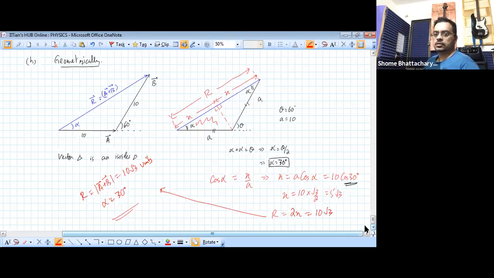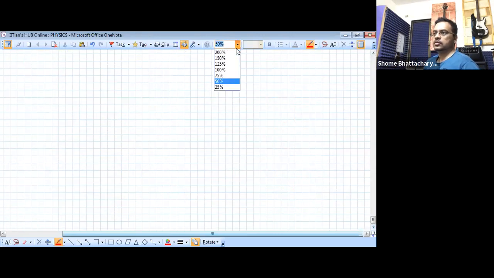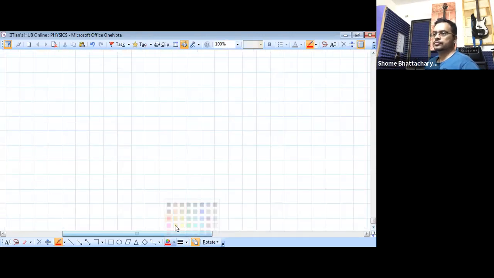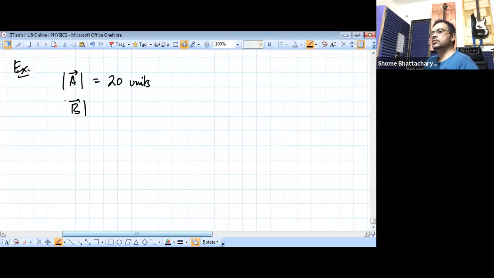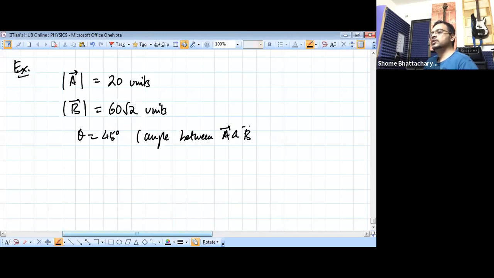Okay, so let's come to our next question. So this time we have this equation that A is of magnitude, let's say 20 units, and B is of magnitude 60 root 2 units. Okay. And the angle between them is 45 degrees. This is the angle between A and B. Okay.